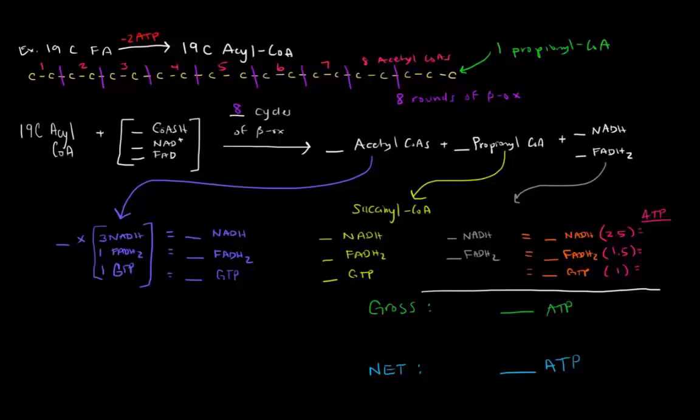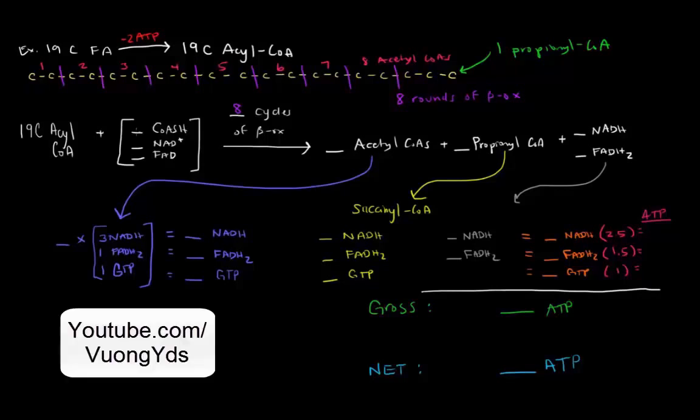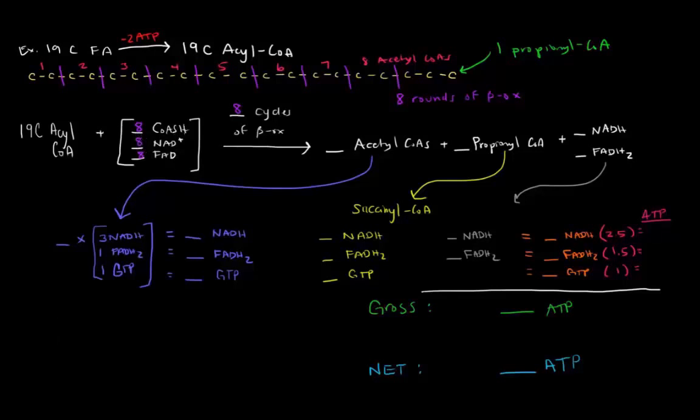So now let's figure this all out through this equation that I've written here. We have a 19-carbon acyl-CoA going through 8 cycles of beta oxidation, so each one of these rounds will require one of each of these things we have here: coenzyme A, NAD+, and FAD. These NAD pluses and FADs will be converted into NADHs and FADH2s. We'll have 8 of each of those.